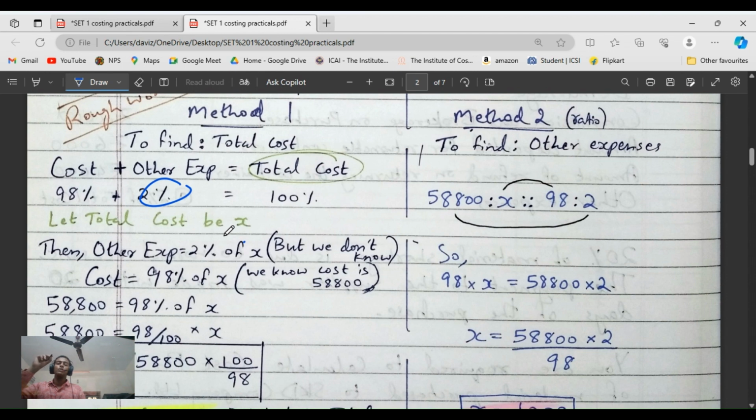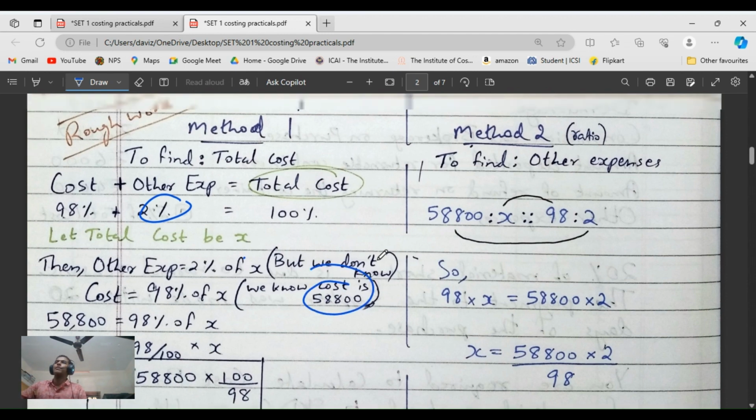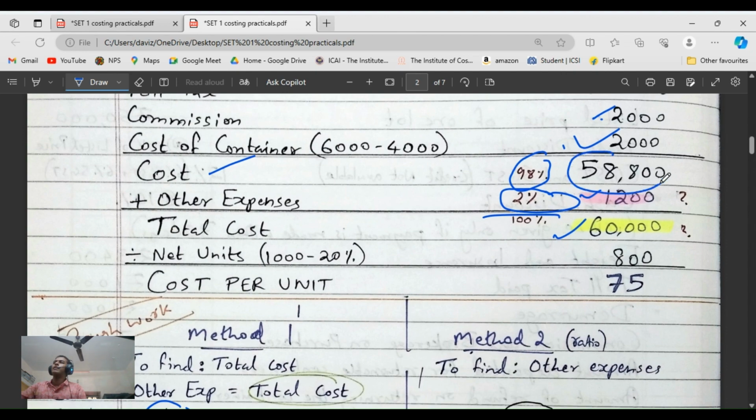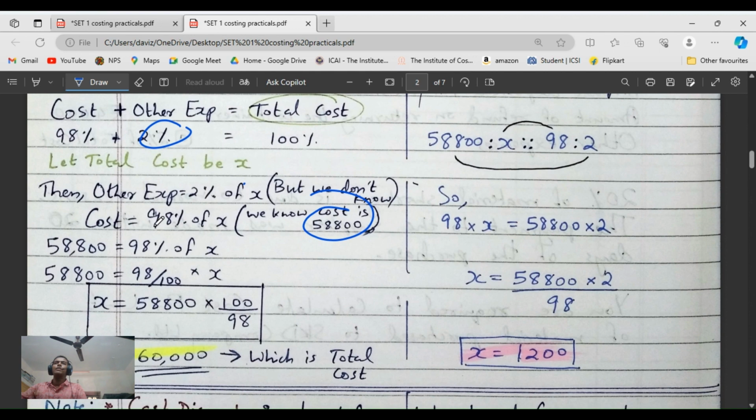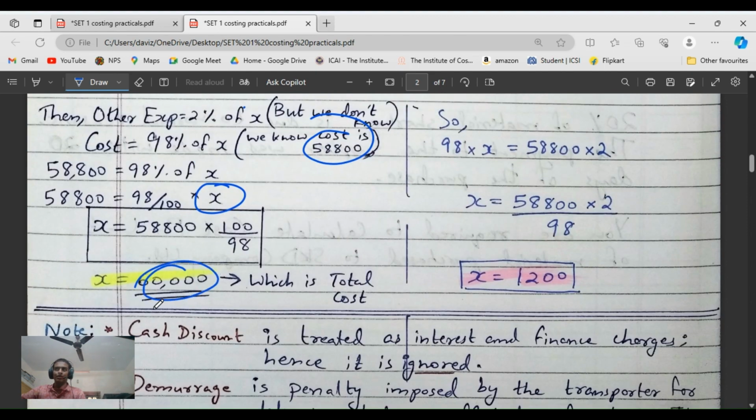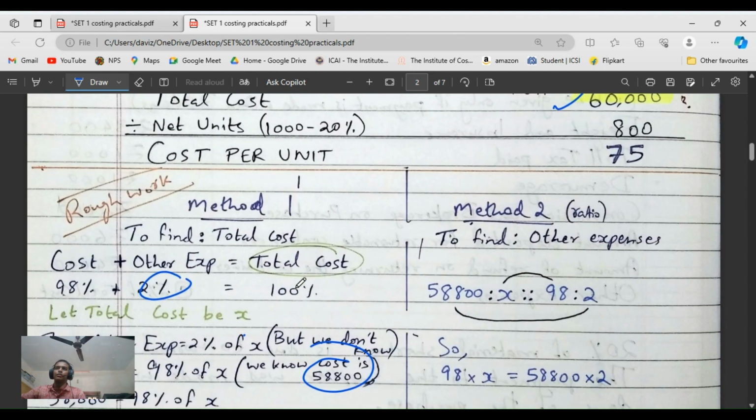But we know that cost is 98% of X and we know this is 58,800. By putting it in this formula, we find X. So X is 60,000, which is the total cost.